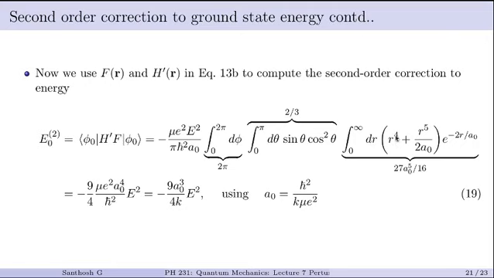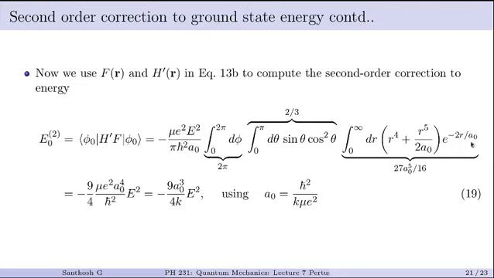You will have r to the power 4 here and r to the power 5 by 2a0. Then from this expression for phi 0, which goes like e to the power minus r by a0, and since we have two phi zeros, we will have e to the power minus 2r by a0, and all other factors have been collected and put into this prefactor.